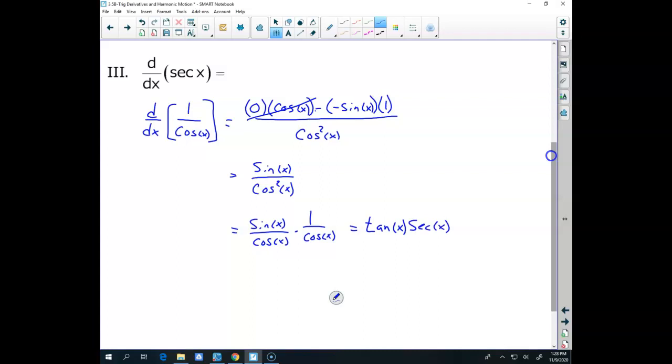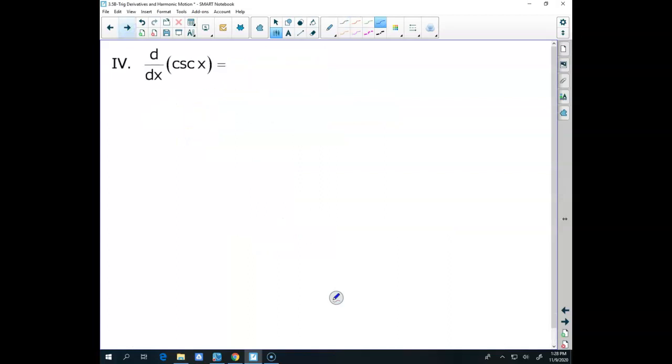Now, that is the derivative. However, my preferred form of that is secant x tangent x. And yes, you do have to have the argument written in both of them, because if it didn't have an argument in it, I don't know what the secant is. So the derivative of secant is secant tangent. Whew! There's a third one that we now, oh boy, now we go into the cosecant.